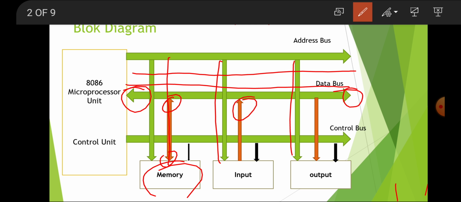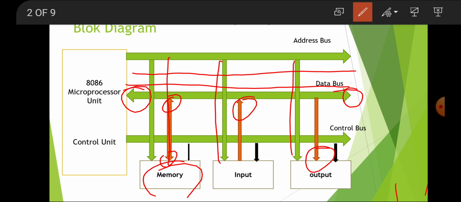Now the input block only carries the information from input to the microprocessor. Suppose the input device is your keyboard, and you press 1 plus 1. You input this from the keyboard and now you are sending this data towards the microprocessor. That's why it shows the direction from input to the microprocessor. Similarly, at the output side, the arrow is toward the output side.